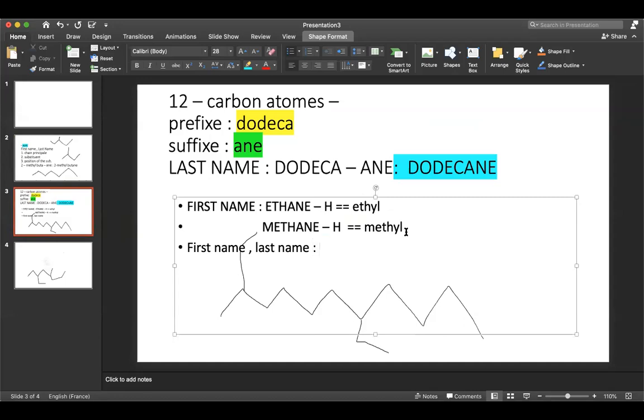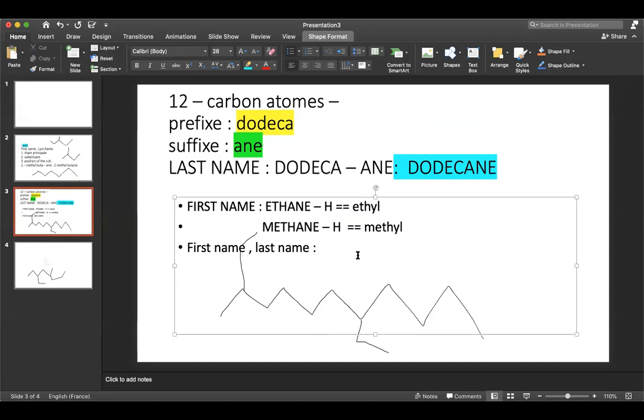So we are saying the first name is going to be the position of the alkyl groups. In this case, what's the position of the alkyl group? We have position number 3 and position number 5.